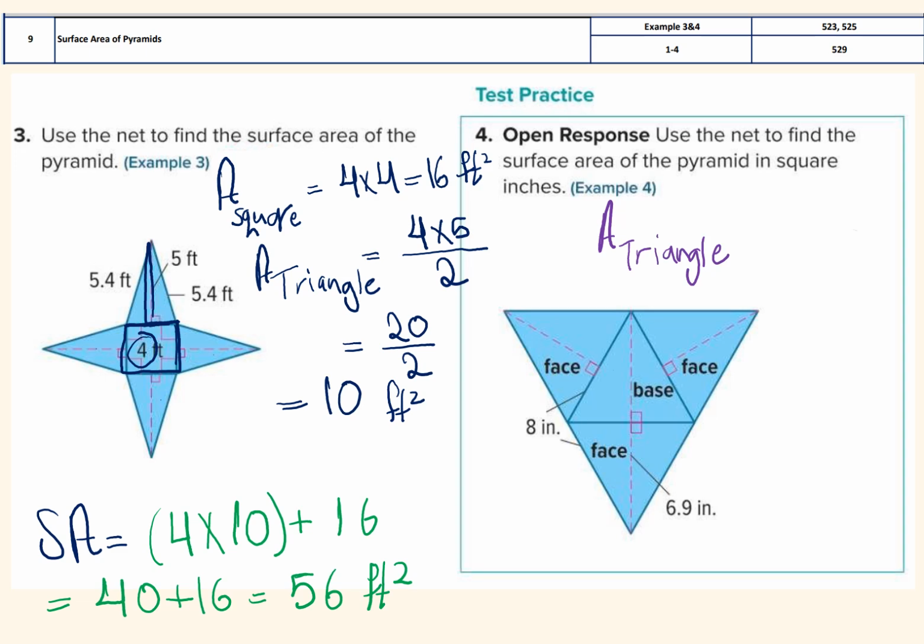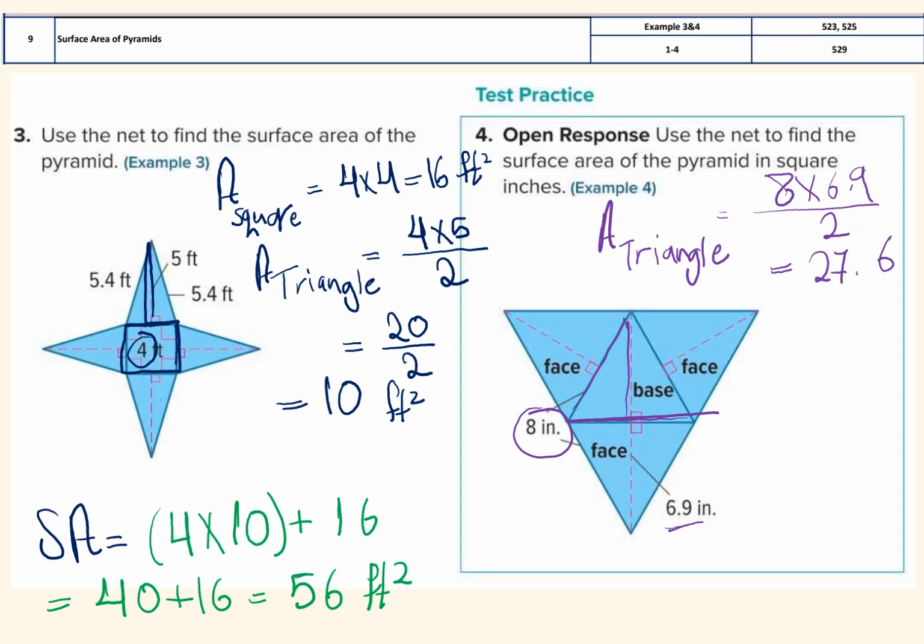So the area of one triangle is the base of the triangle, which is 8, times the height of the triangle, and it is given here that the height is 6.9, divided by 2. So that answer here is going to be 27.6. Then what I'll be doing is multiplying that answer by 4, since we have 4 triangles.